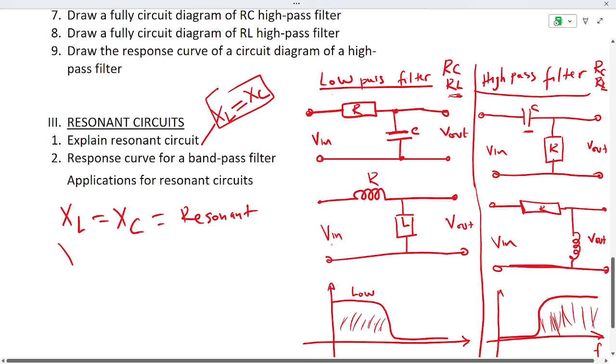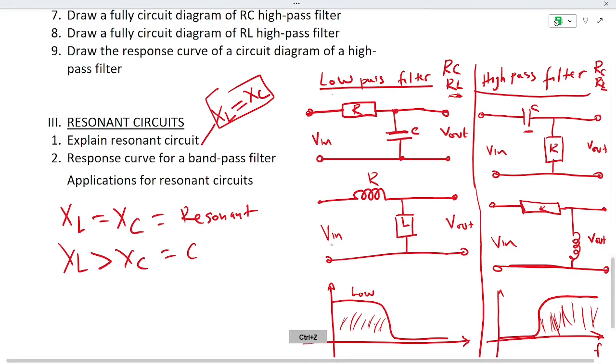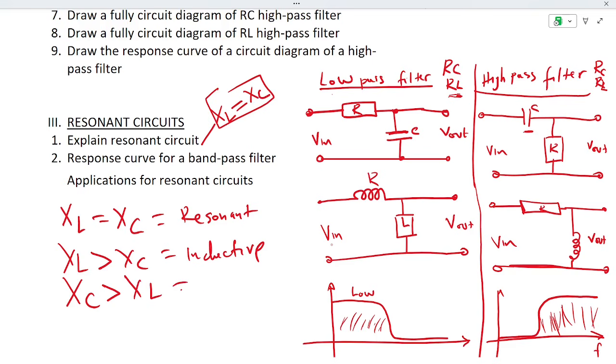If you have a case where XL is bigger than XC, that circuit is called an inductive circuit. And if you have a case where XC is bigger than XL, that is a capacitive circuit. That's as easy as that.